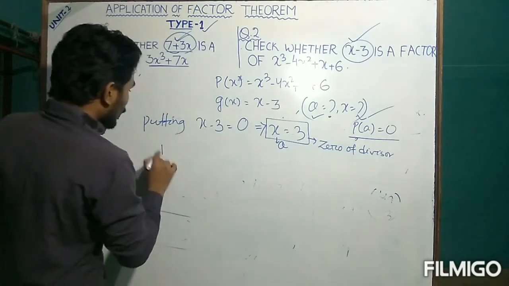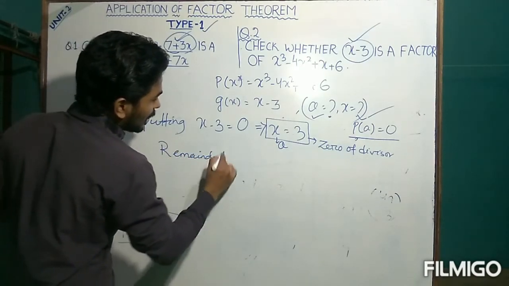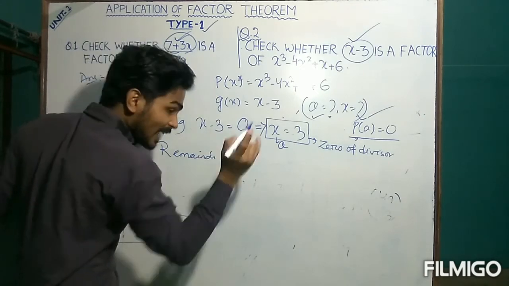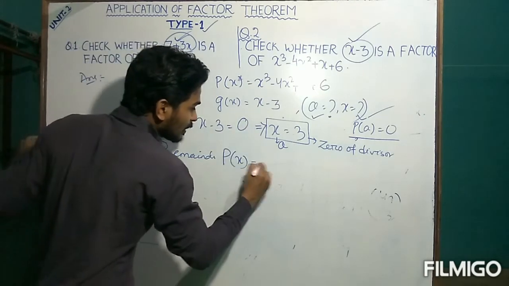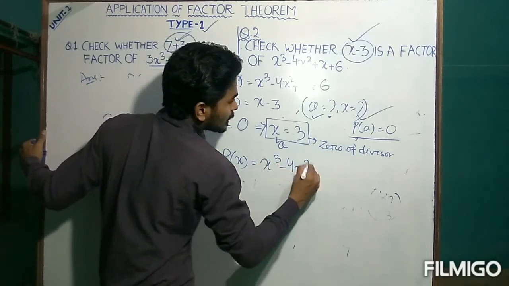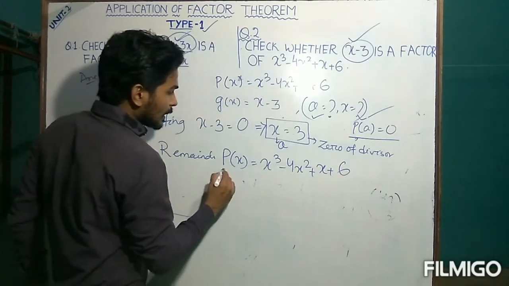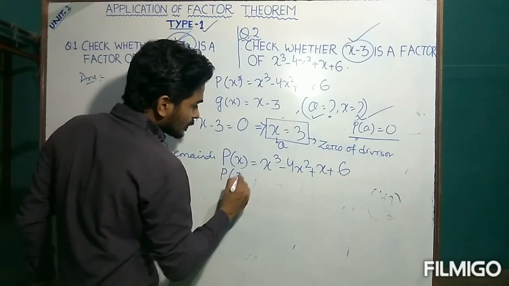Now we are going to find the remainder. Since the remainder is written in the form p of a, and the polynomial p of x is x cube minus 4x square plus x plus 6, in place of x we will put 3.